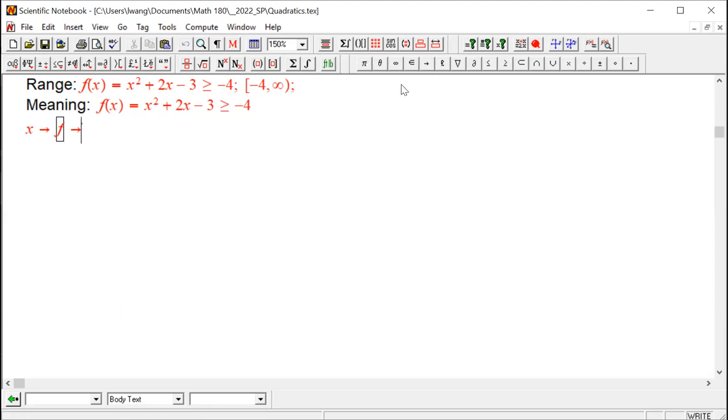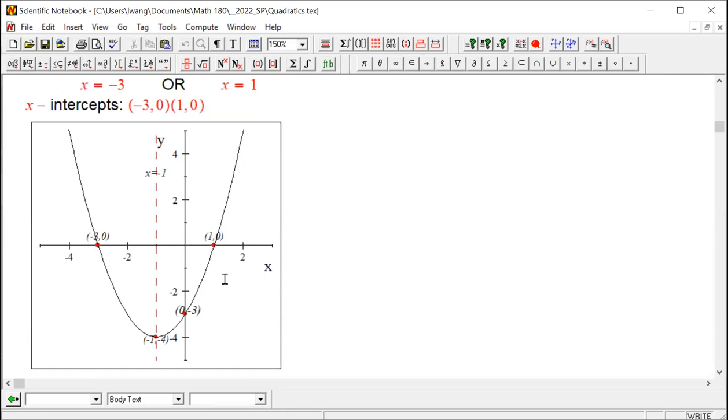The output, f of x, will never be smaller than -4. So the output is always greater than or equal to -4. And curve-wise, on the curve, it says no point will produce an output smaller than -4.